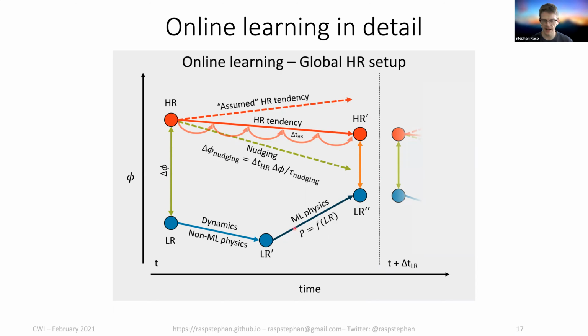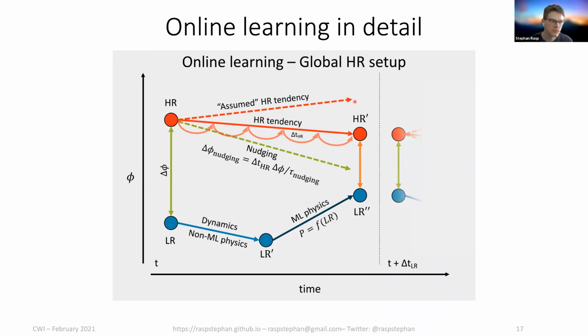Of course, if something like that happens, your machine learning tendency will go completely crazy and get a huge error. So your neural network will essentially learn not to do that. And so forth. So this is the basic concept. And as I said, I went a little bit vague here because I don't want to spend too much time explaining this. But this is the basic concept.